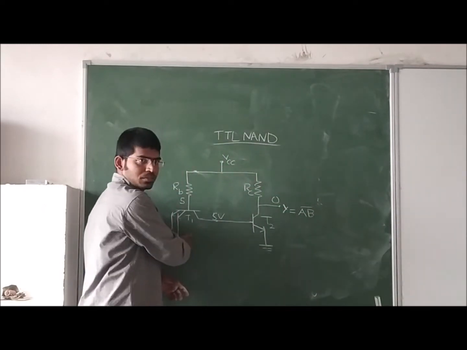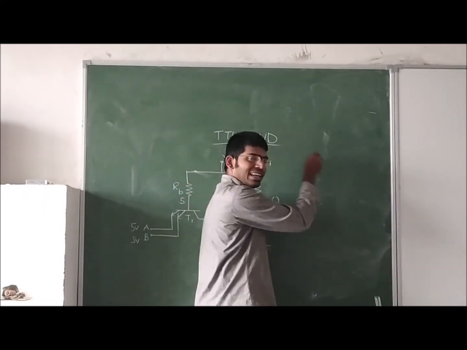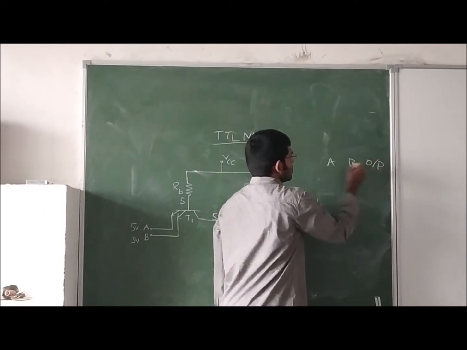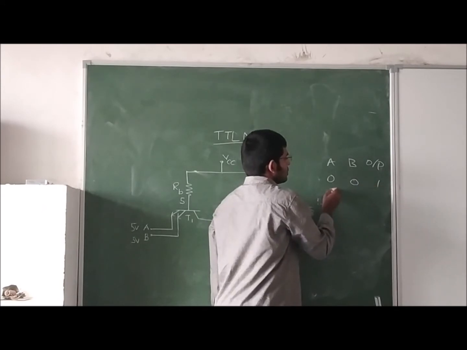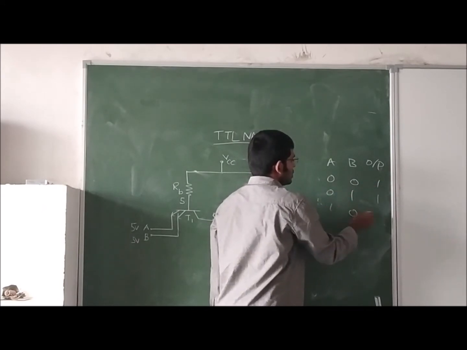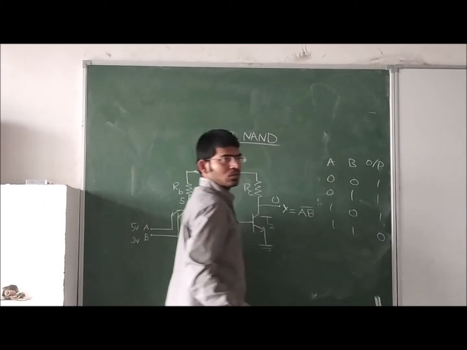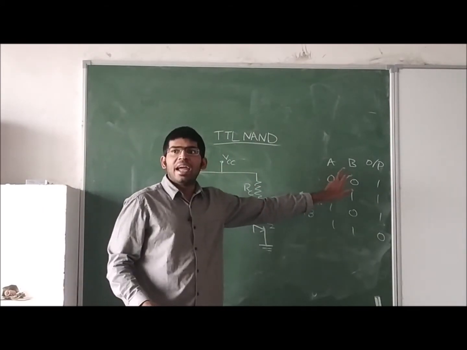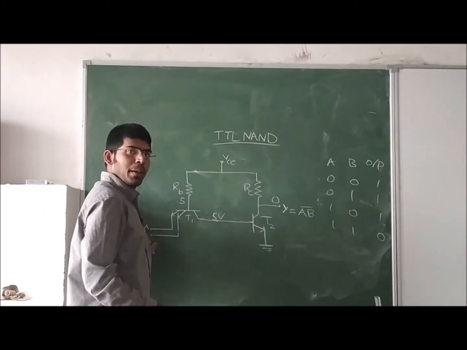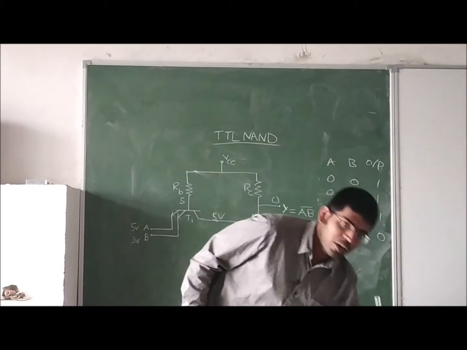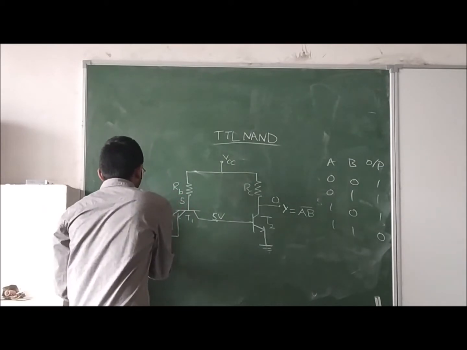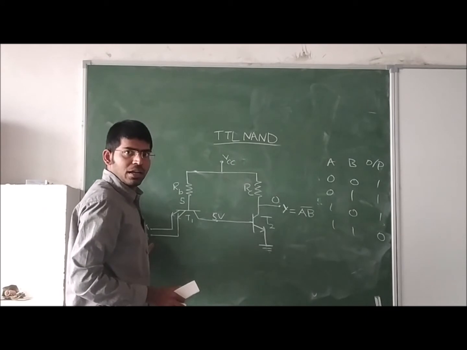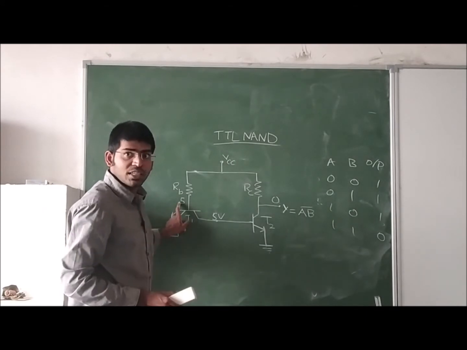Now you observe here. We know the NAND gate truth table: 0 0 1, 0 1 1, 1 0 1, 1 1 0. For a 2 input NAND gate, first we are giving A and B as 0, 0. If the inputs for A and B are 0, with respect to the emitter the base voltage is 5 volts.